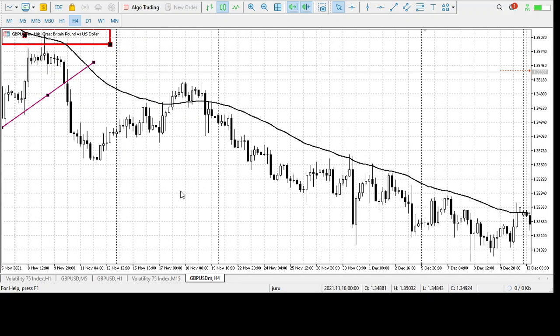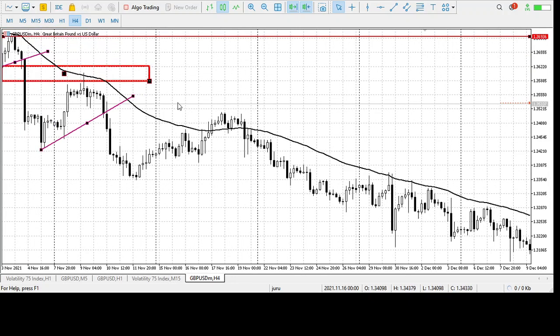So in this case, this moving average was broken here, but you can see that although it was broken, it never broke this area. So this was never a good entry, as it failed to.